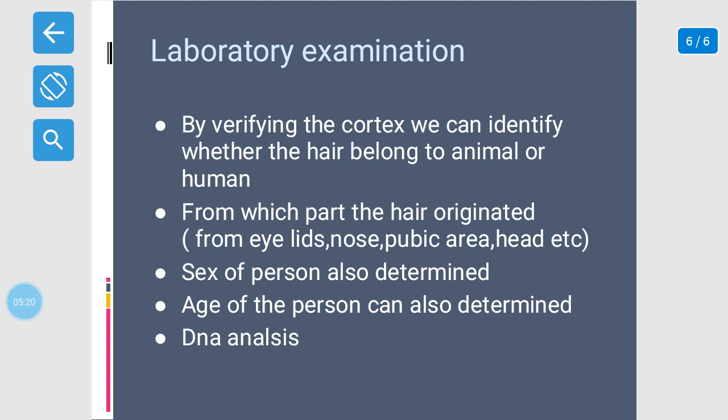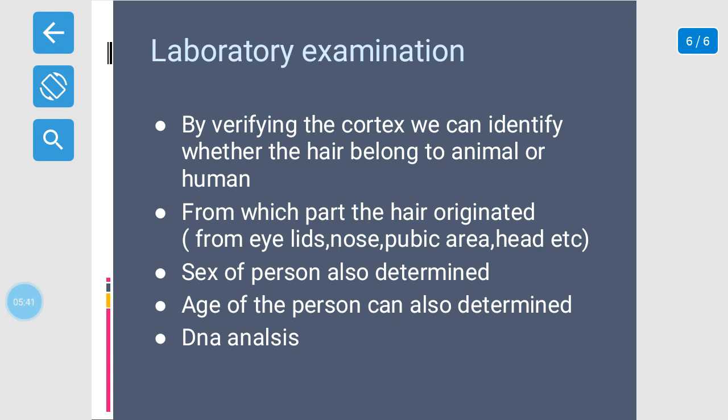The next is from which part of the body the hair originated, such as eyelids, nose, pubic area, or head. This is very helpful in the investigation of a crime.